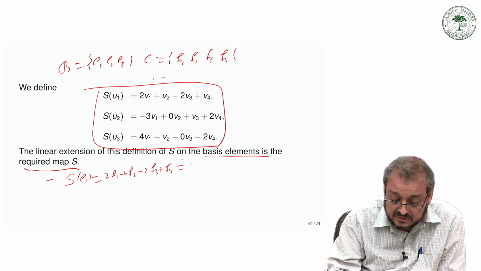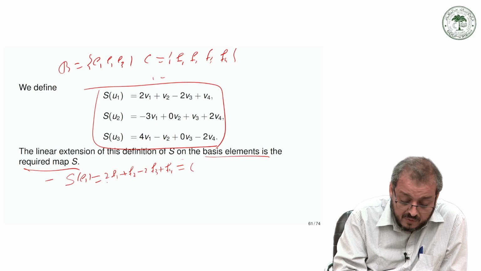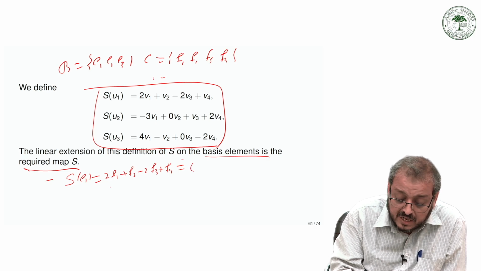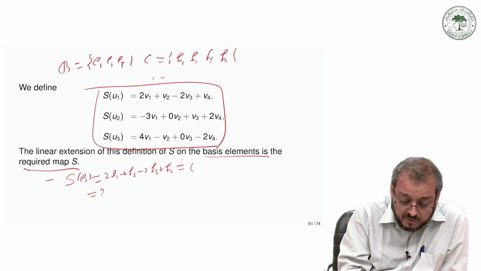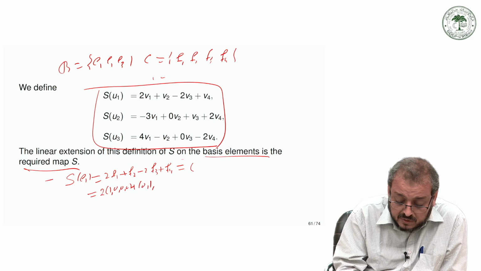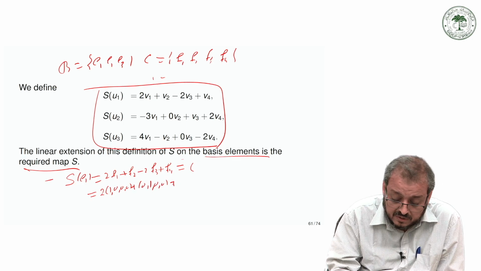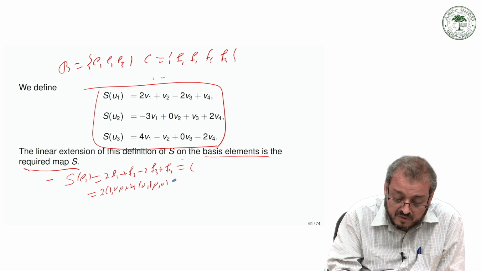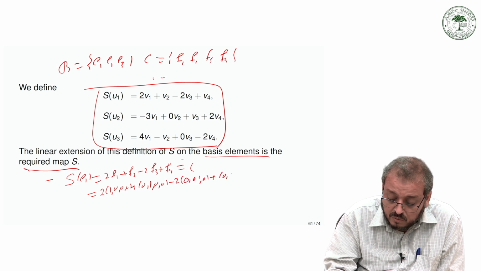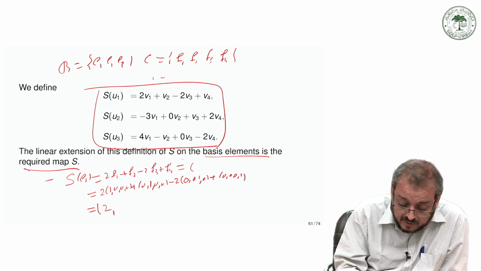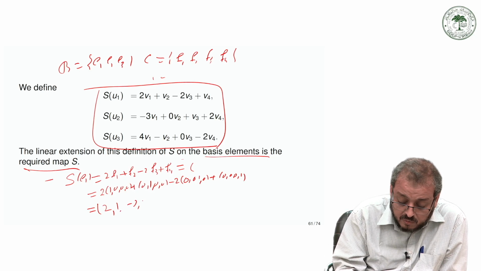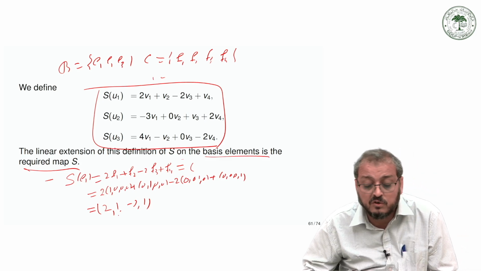If you simplify, this is a linear combination that can be written as 2 times (1, 0, 0, 0) plus (0, 1, 0, 0) minus 2 times (0, 0, 1, 0) plus (0, 0, 0, 1), which is (2, 1, -2, 1). So S of e1 is equal to this form.